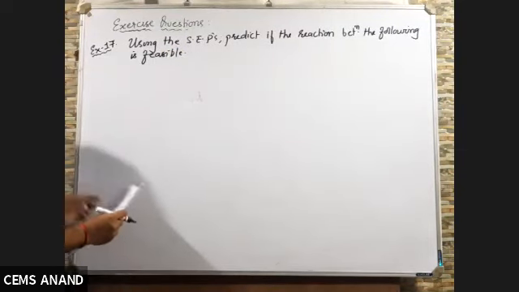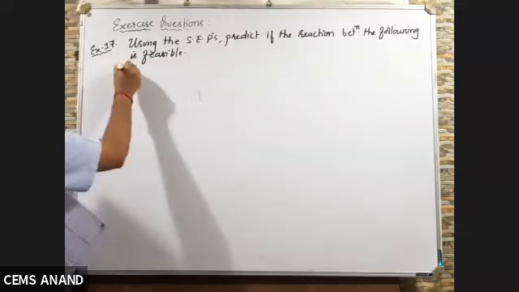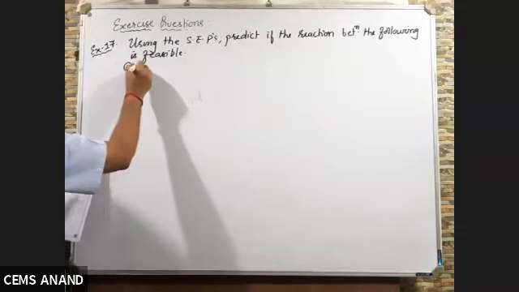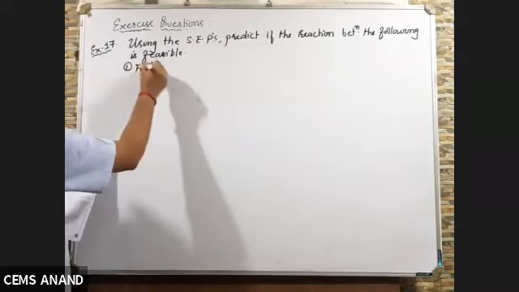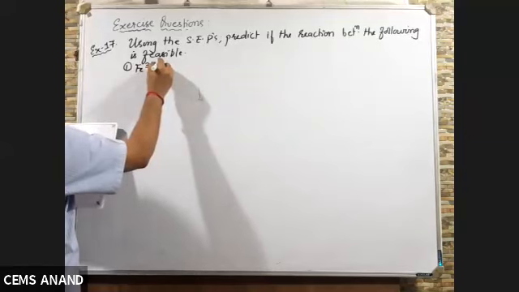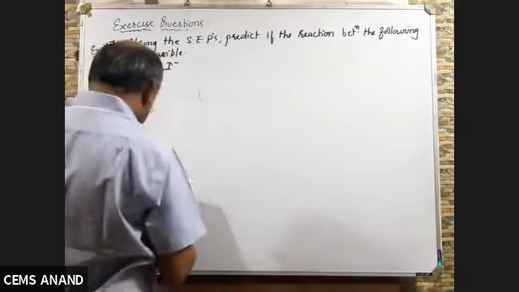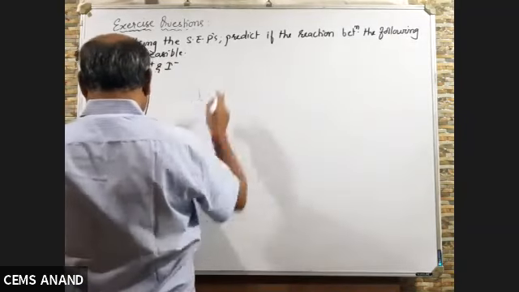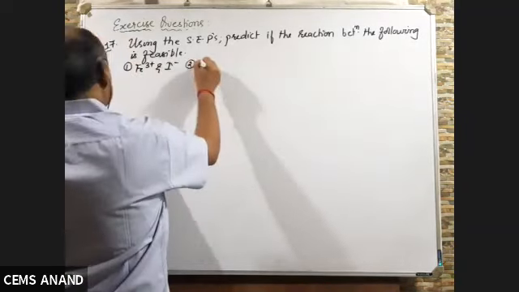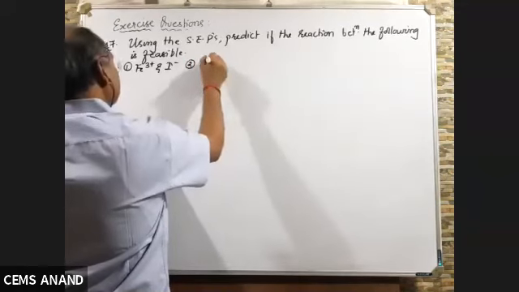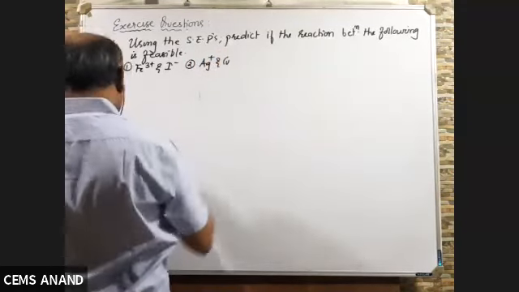You have to predict whether this is feasible. First given is Fe3+ and I-. Second pair given is Ag+ and Cu.